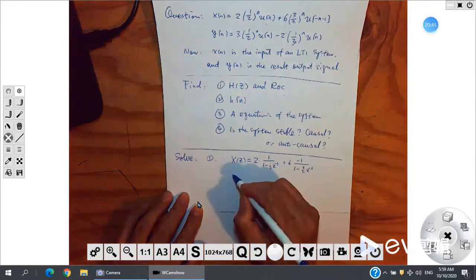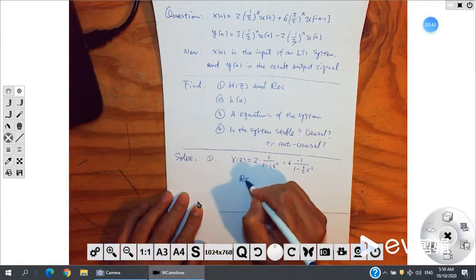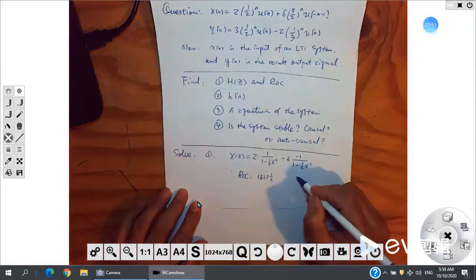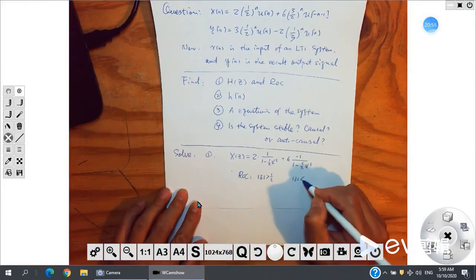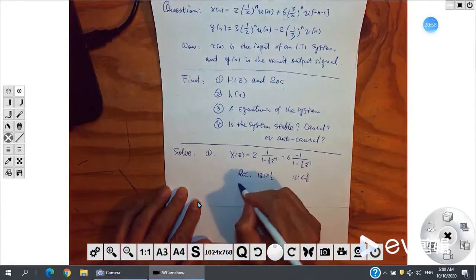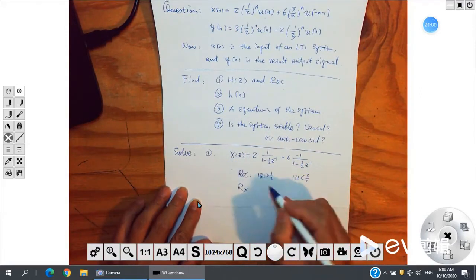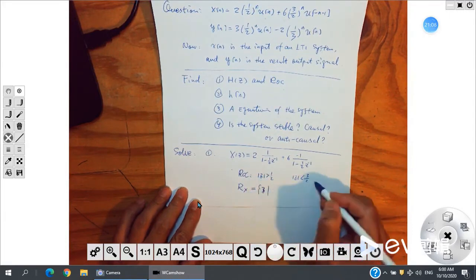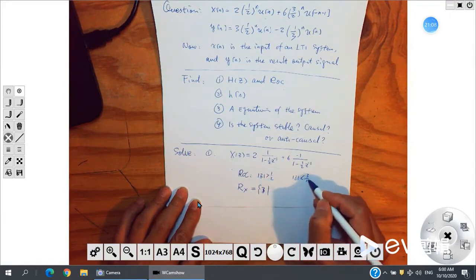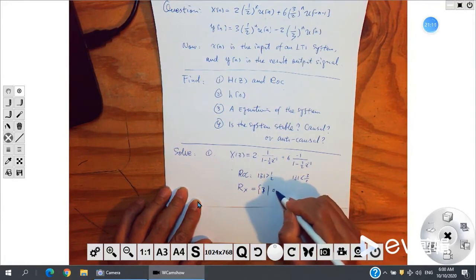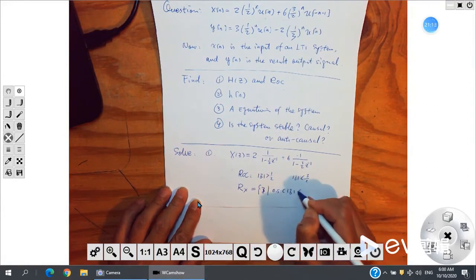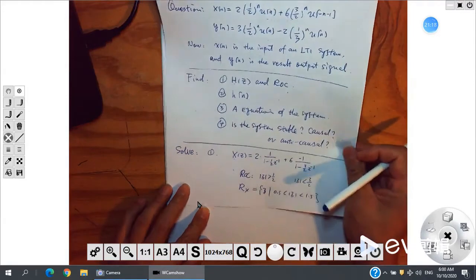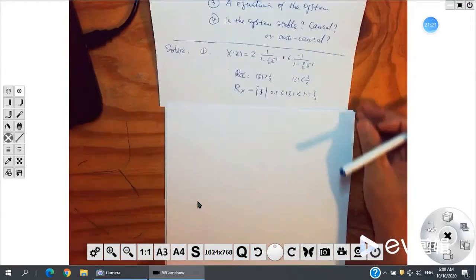And RC, the first one I want z larger than 1/2, and the second one I want z smaller than 3/2. So the RC of X will be all of the z between half and 3/2. I use 0.5 smaller than z, smaller than 1.5. Alright, yeah, this makes more sense, right? Okay, this is X.